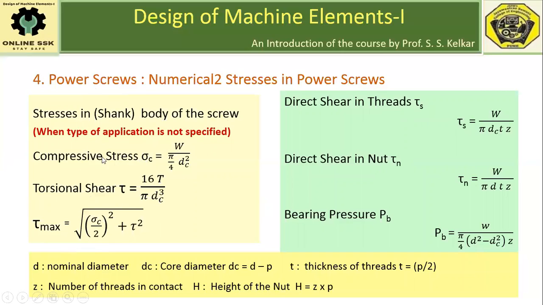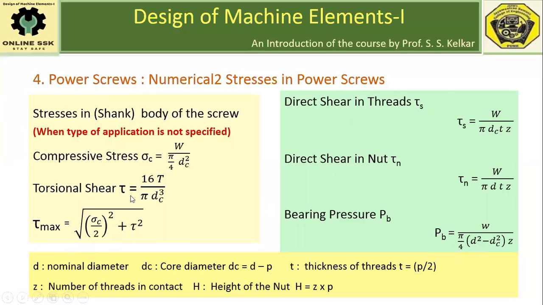and the nature of the stresses developed inside the body is direct as well as shear. So it is a case of complex loading, because two different kinds of stresses are developed inside the body of the screw. Whenever there is complex loading, we have to employ a suitable theory of failure for calculating the maximum stress developed inside the body of the machine part.